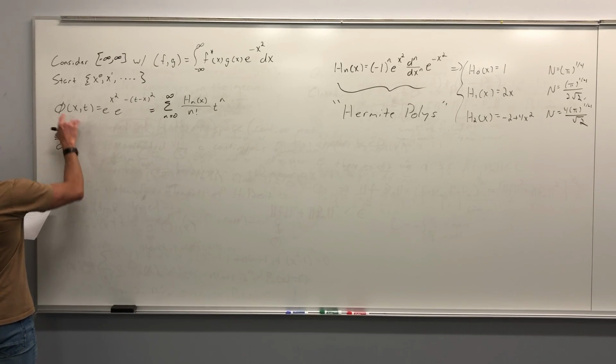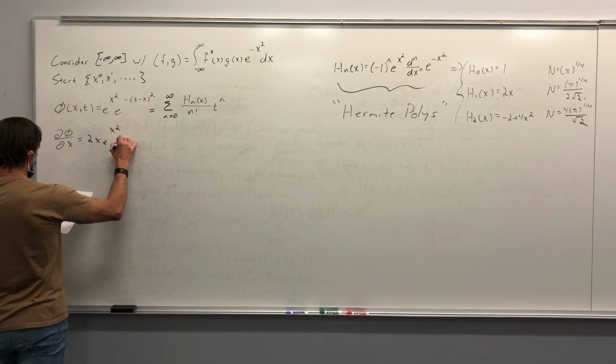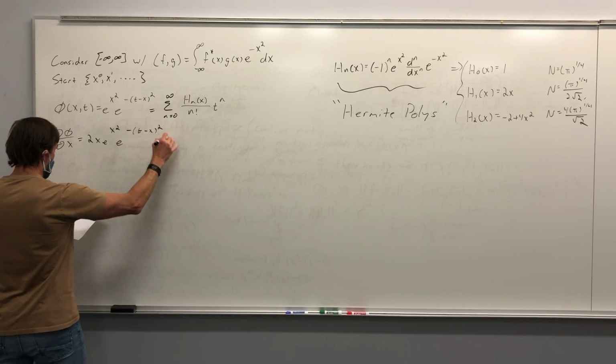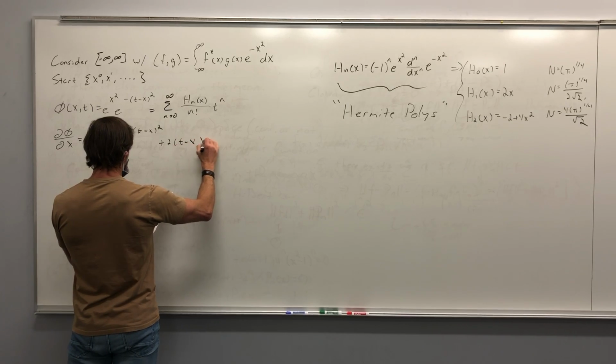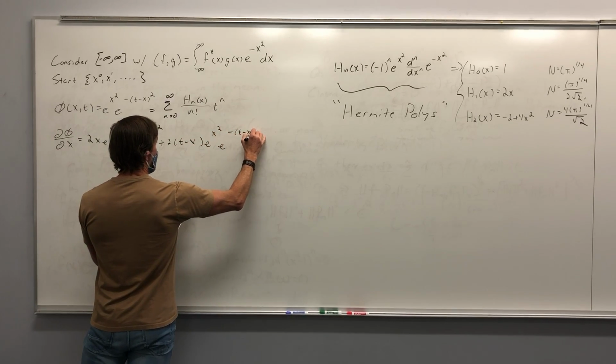First of all, if I take the derivative of this with respect to x, I get 2x e to the x squared e to the minus t minus x squared plus 2t minus x e to the x squared e to the minus t minus x squared.